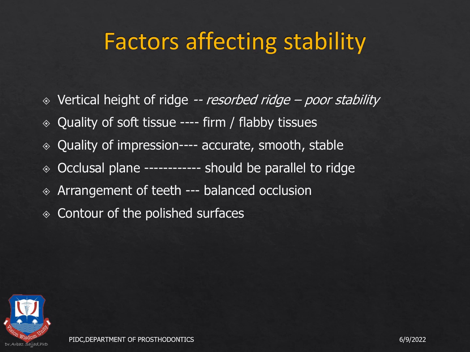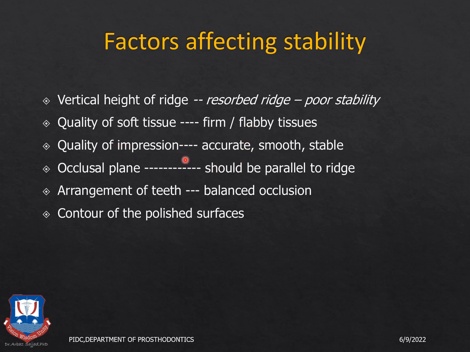And next, the factors that affect stability are, of course, the vertical height of the ridges. Tall, rounded ridges will offer greater stability, whereas short or extremely poorly resorbed ridges will offer no to very mild stability. The quality of the soft tissue: if you have firm tissue in the denture bearing area, you will have good stability. But if you have flabby or hypoplastic tissues over the crest of the ridge or in the vestibule, the stability will be severely compromised.